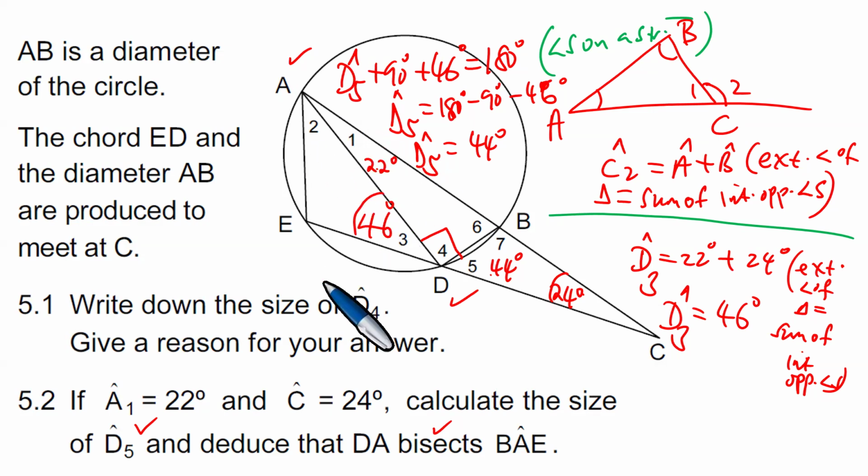How do we know A1 is 22 degrees? They gave us that A1 is 22 degrees. We must just show that A2 is also 22 degrees. So how do we show that A2 is 22 degrees?